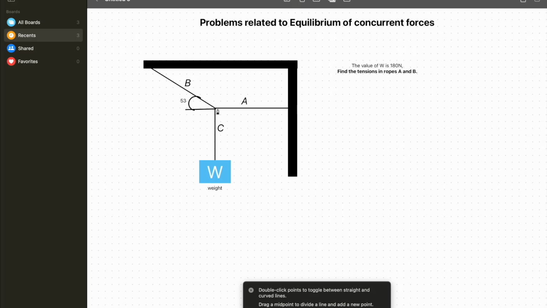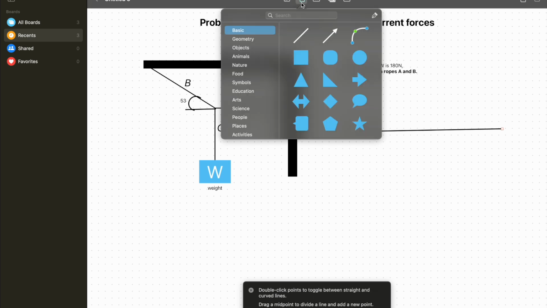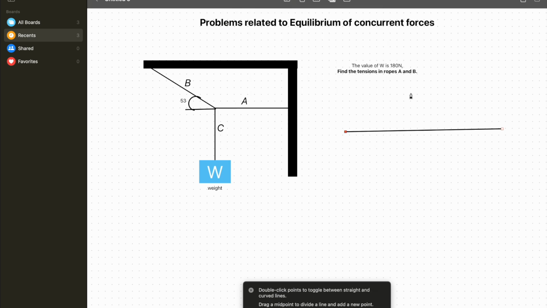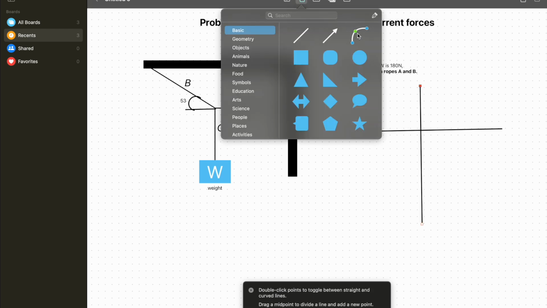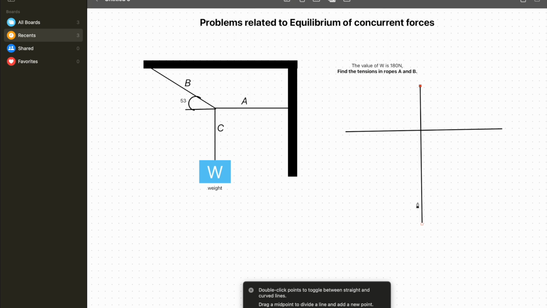So let us draw a free body diagram of it. If we draw something like this, the x, it's the force, right? The free diagram. So this is what's actually happening.